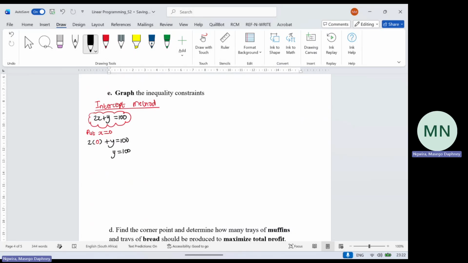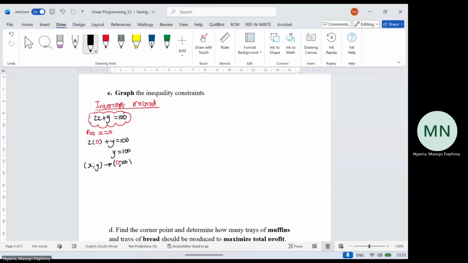So what does this mean? When my x is 0, my y is 100.